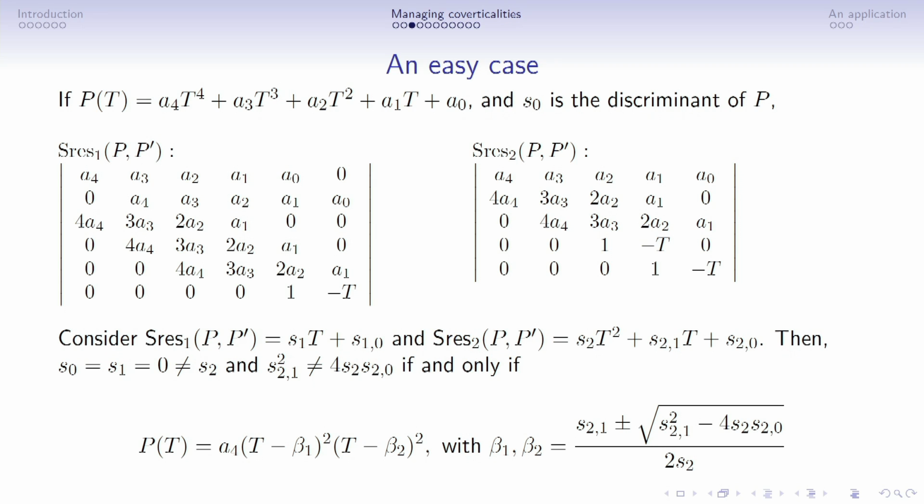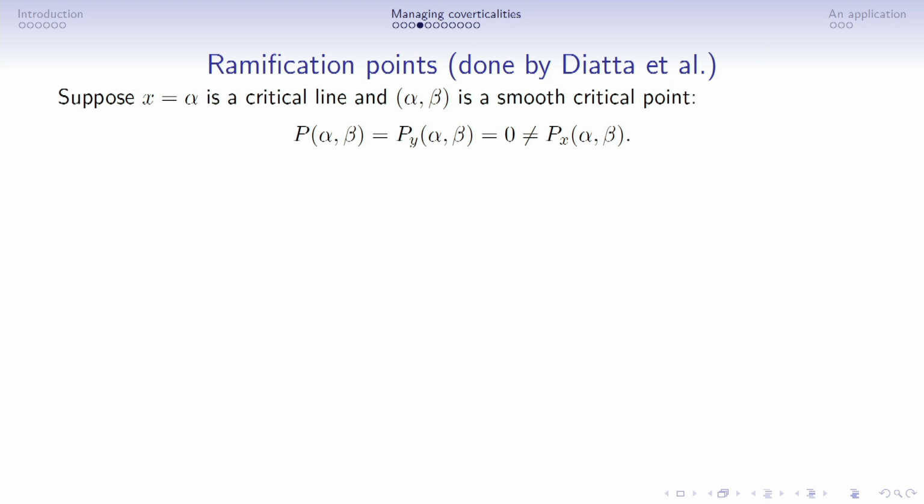So if this polynomial has two different roots, then it means that my polynomial was this kind of polynomial. All right. So well, finally, we can explicitly with a root find an expression for my polynomial.